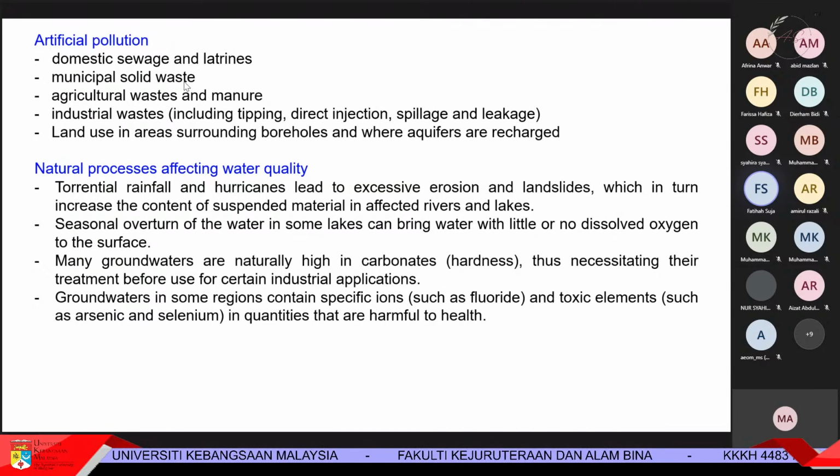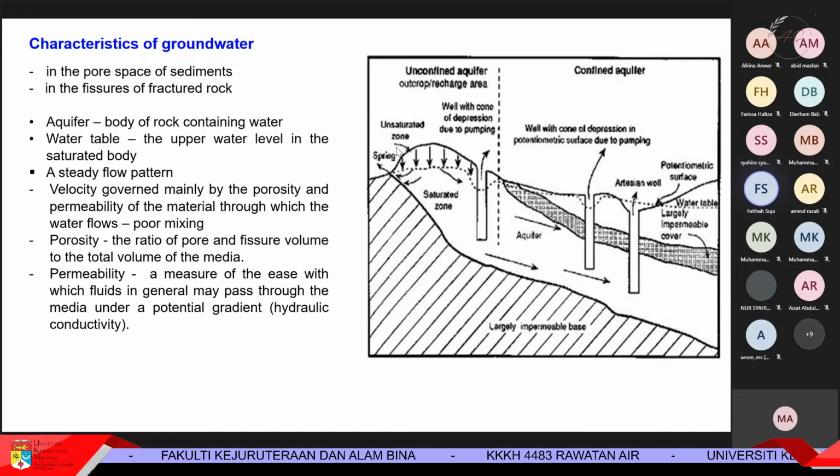Okay, some aquifers are not perfectly confined, and we call this an unconfined aquifer, because this is the unsaturated zone. Let's say you have this surface runoff, it can go to the saturated zone, and it will also affect the aquifer. So this is where we call this unconfined aquifer, and this is confined aquifer.